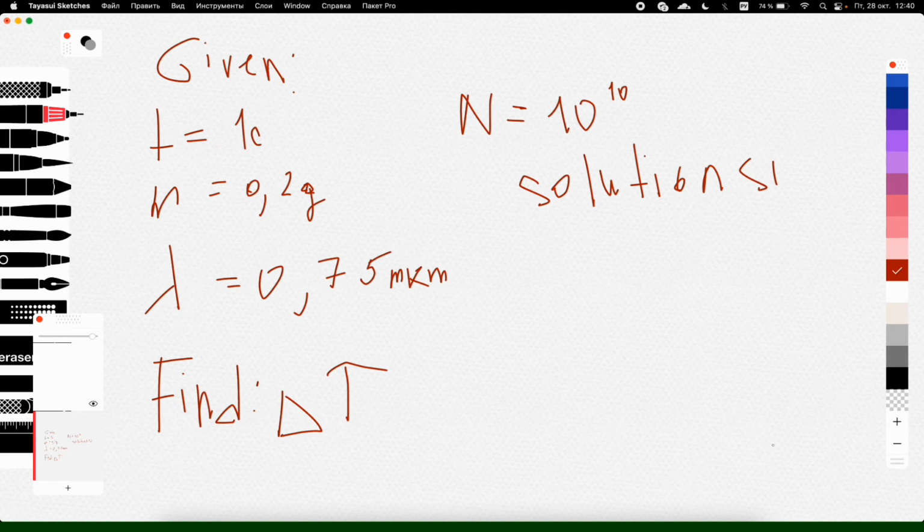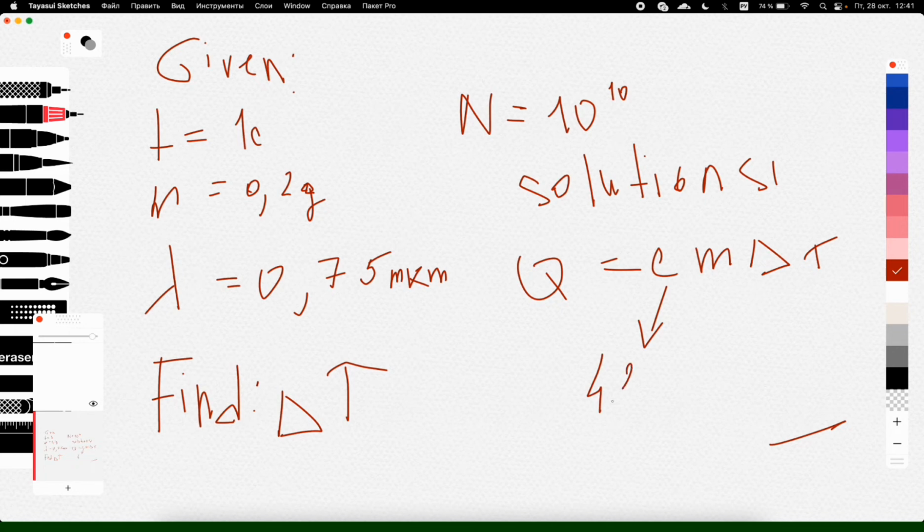Our Q equals c m delta t. In this formula c is the specific heat capacity of water, equal to 4200 joules divided by kilogram Celsius.